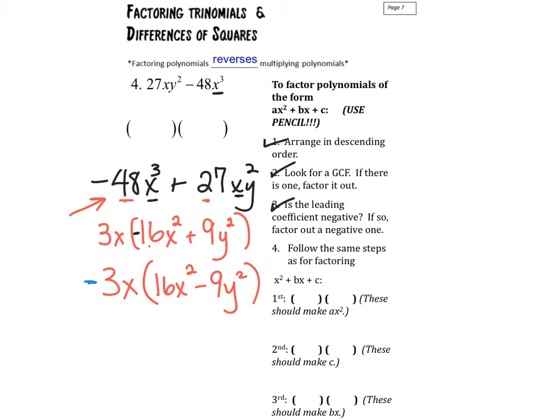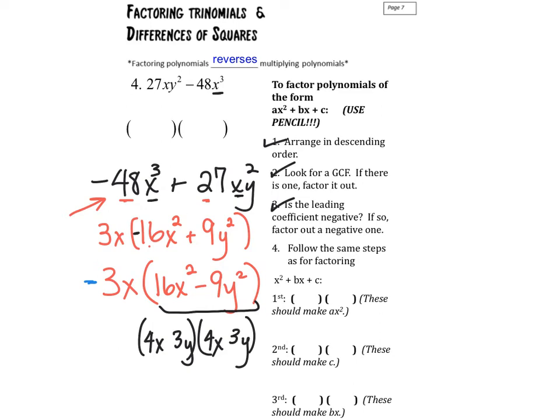Well, if I think I'm finished, that will be incorrect, because I have to factor completely. When I look at this here, I see a difference of 2 squares. And so 16x squared minus 9y squared gives me 4x and 4x and 3y and 3y.